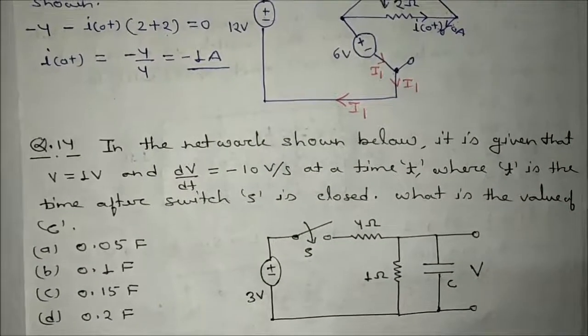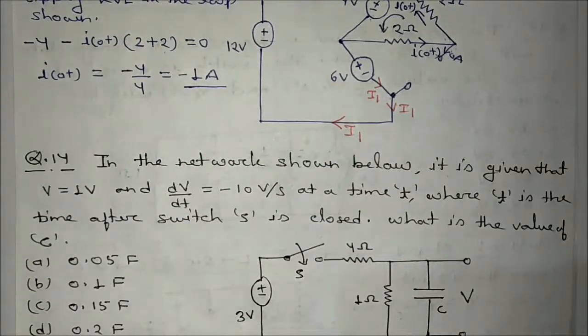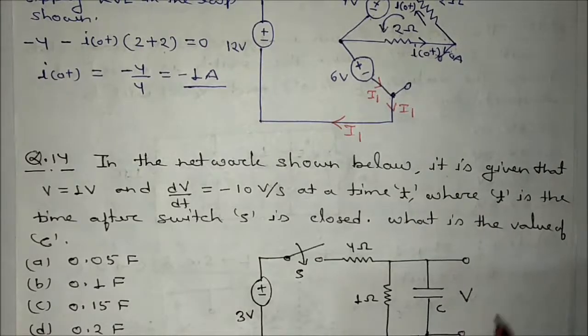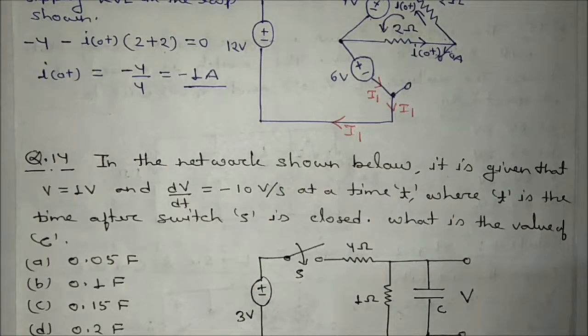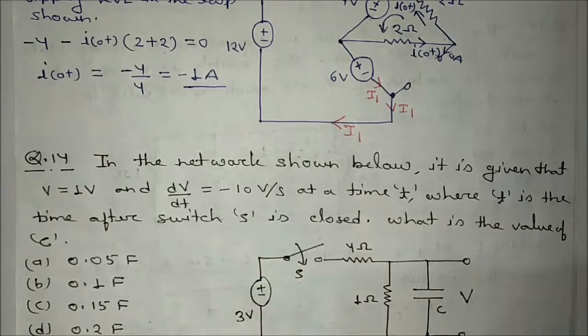Okay, so it is given that V is 1 volt and dV/dt is minus 10 V/s at a time t, which is after the switch S is closed. That means, if I assume t is equal to 0, after t is equal to 0 the voltage V is equal to 1 volt, and the rate of change of voltage is given as minus 10 V/s.